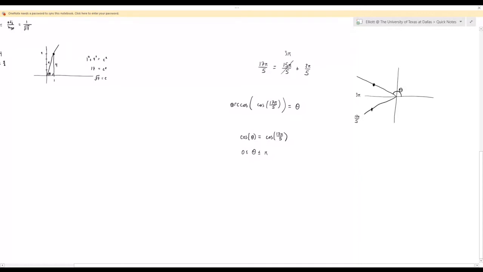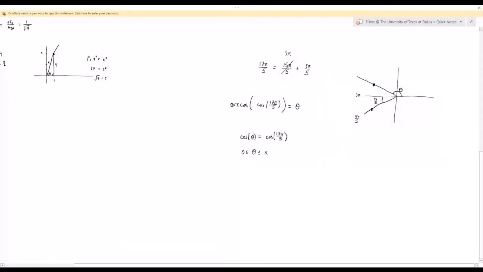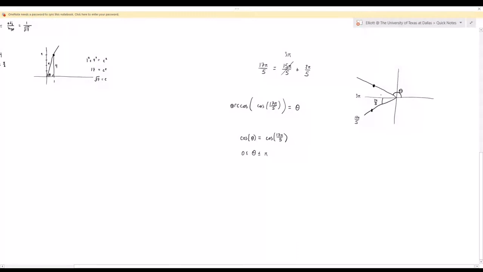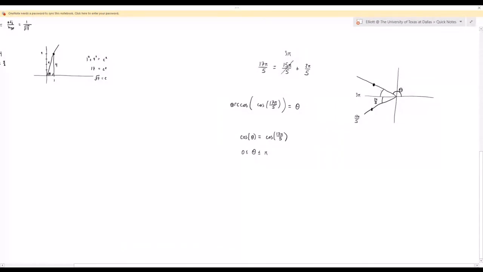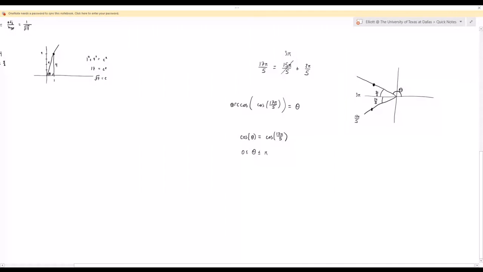And to figure out what that angle is, I know that this angle here was 2 pi over 5, because remember we figured this out by doing 3 pi plus 2 pi over 5 to get to 17 pi over 5. So by symmetry, I would want to go backwards 2 pi over 5 as well to figure out what this angle is going to be.